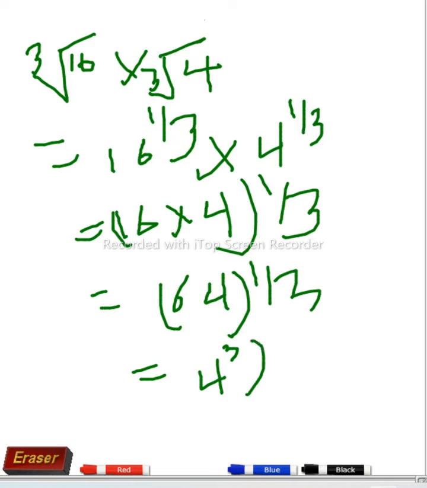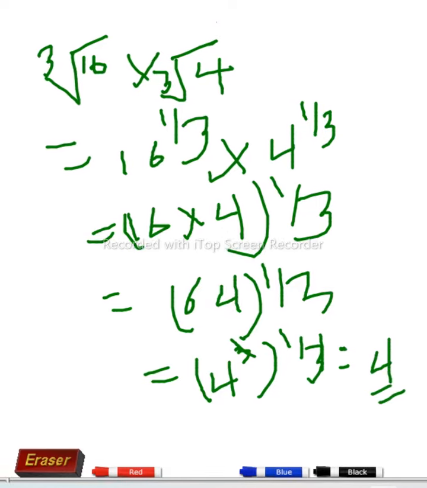So we have the whole to the power of 1 over 3. 3 times 1 over 3 is 3 over 3, which means 1. So 3 will be cancelled by 3, and we get the final answer 4. This is the final answer for question letter E.